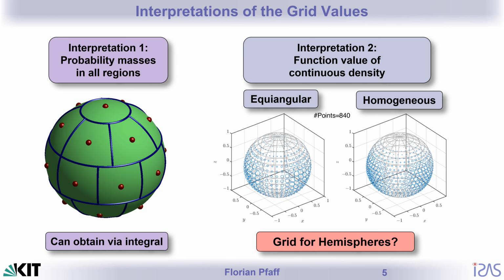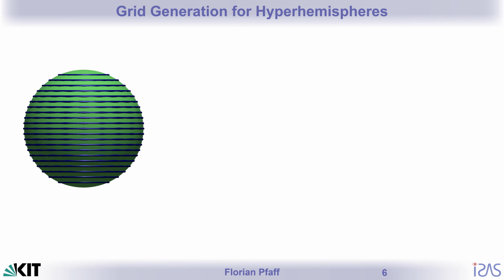But how can we get to a grid for hyperhemispheres? Our grid generation scheme for hyperhemispheres is based on the zonal equal area partitioning by Leopardi. We're not going to go into details on this algorithm and instead just give a rough explanation that shows the basic idea of our change.